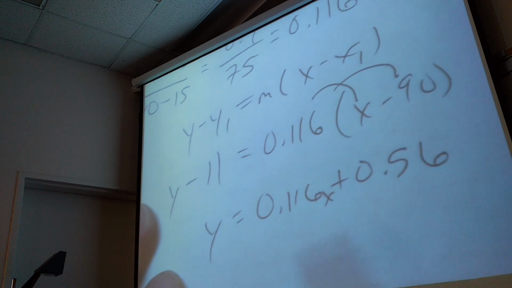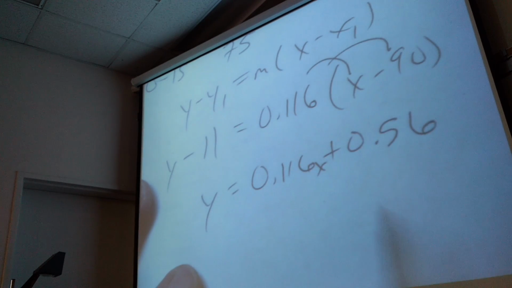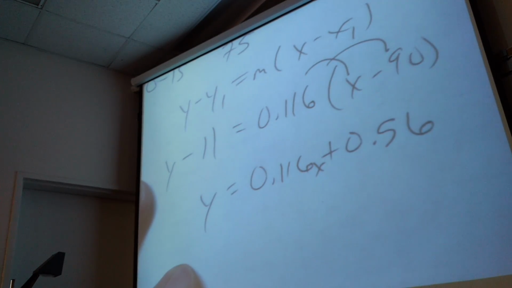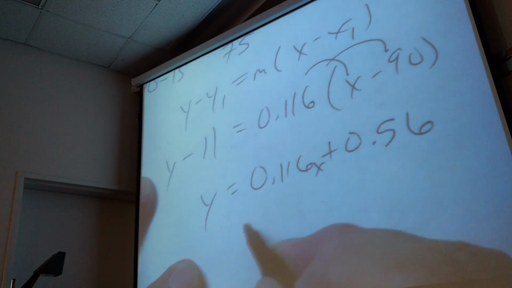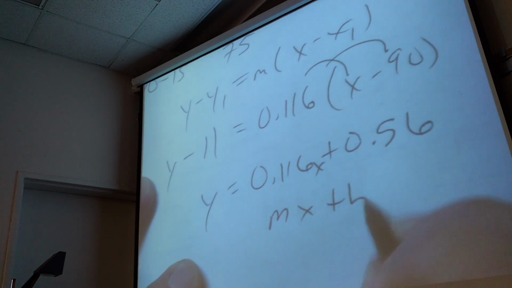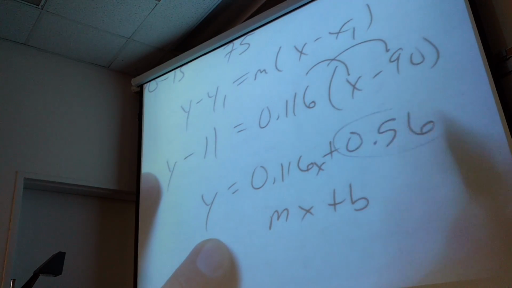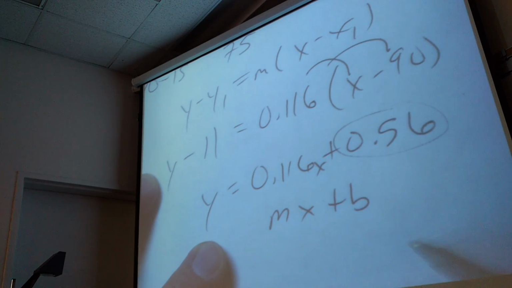And real quick, what would the y-intercept be of this line? What's the y-intercept? X equals 0, y equals 0.56. That's b right there, right? This is in the form mx plus b. Whatever number is here is the value of y in the y-intercept.